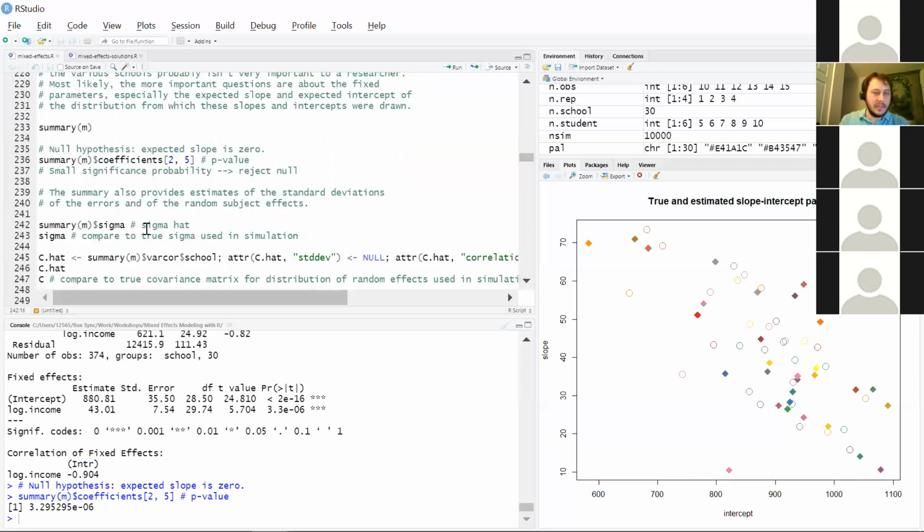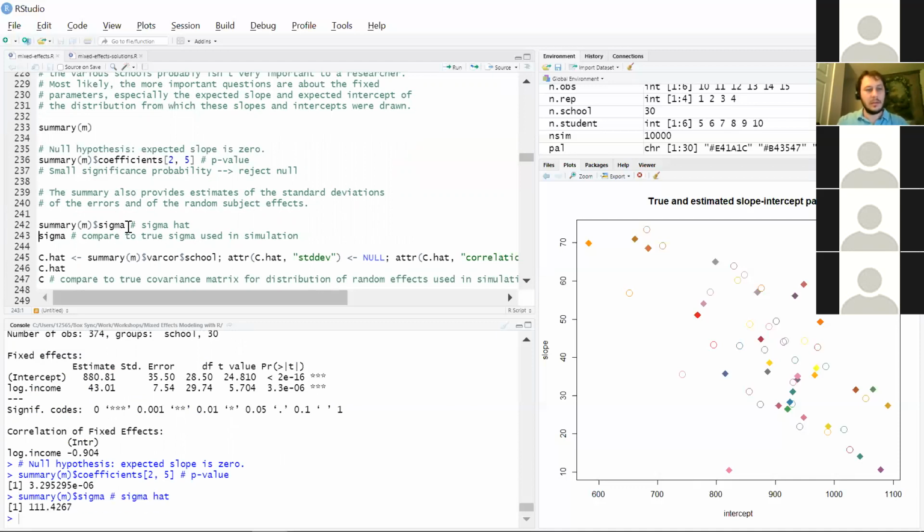And if you want to see the estimate of sigma, the error variance, that means the draws of SAT scores from each school's true line. There you go. There's the estimate, 111.4.